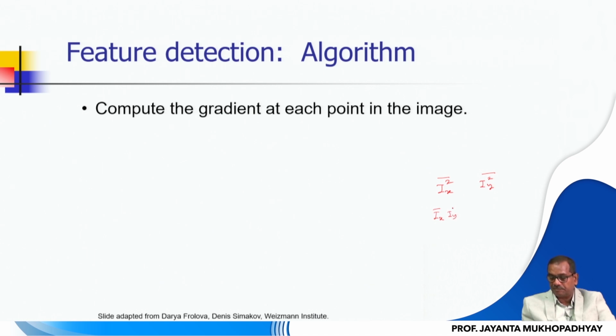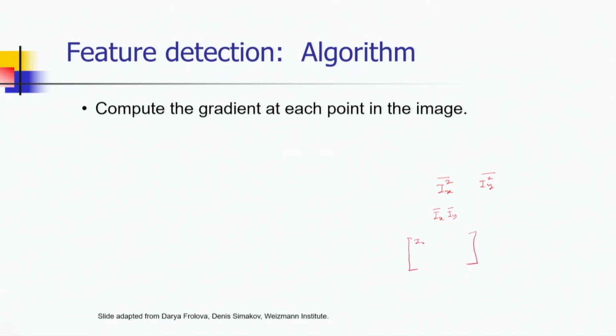So, from Ix, Iy, I compute Ix square, Iy square, and then I always take the average, because otherwise, if I consider the matrix, you can see that the determinant of this matrix is equal to 0, and then you will have a problem finding the eigenvalues.